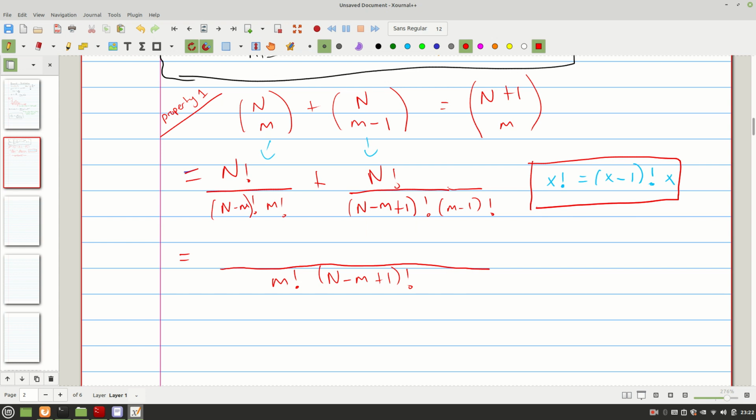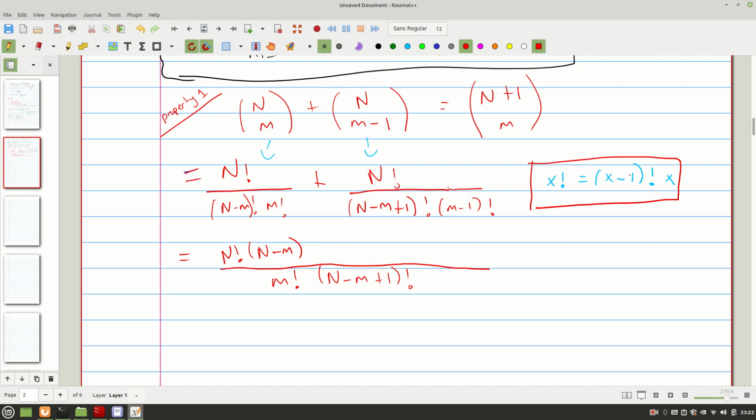Okay, so let's start. The m factorial and n factorial terms cancel out. This gives us n factorial times n minus m. So where is n minus m coming from? We're using this property where n minus m plus 1 factorial divided by n minus m factorial should give us n minus m.